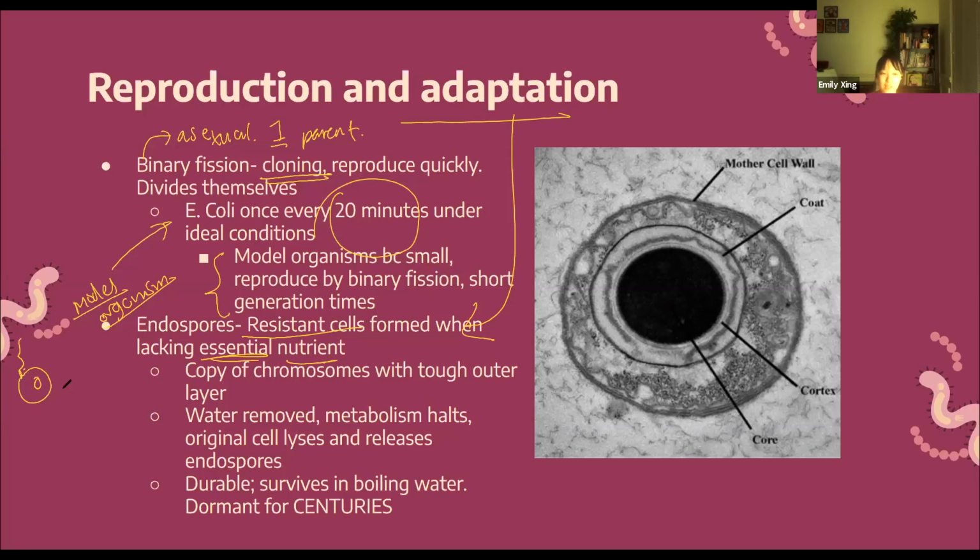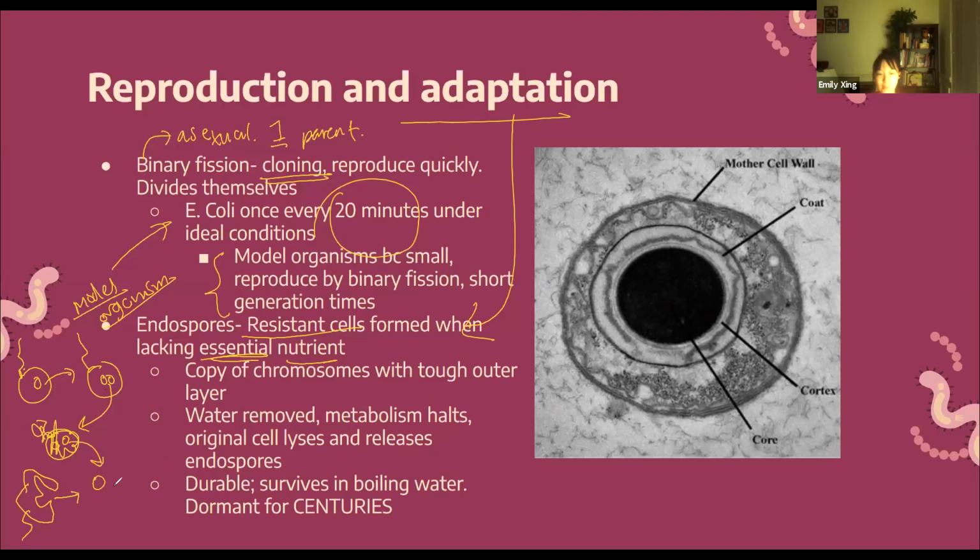They would make a copy of the chromosomes, the genes, so now there are 2, and then they would basically starve itself of nutrients, and this part would all die, and they would burst essentially. When it bursts, it releases this new endospore.